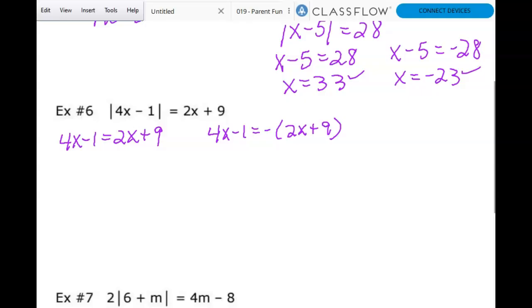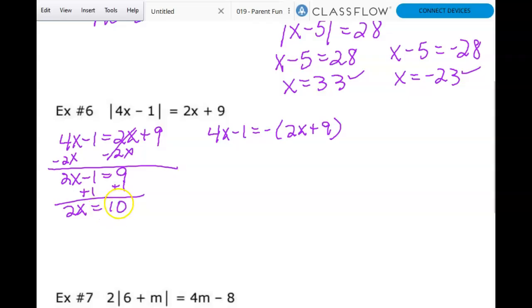So I'm going to start with the positive. If I subtract the 2x, so we get x equals 5.